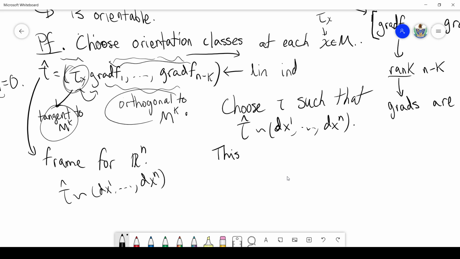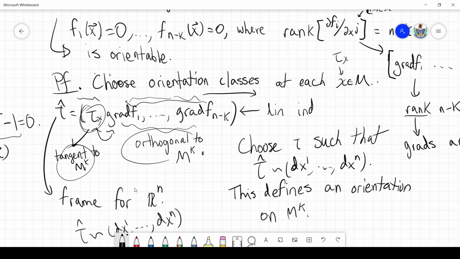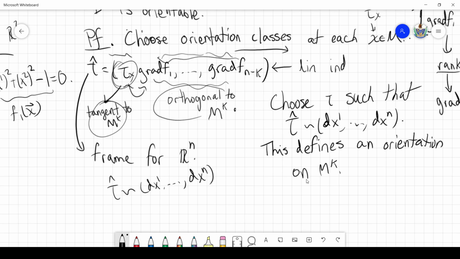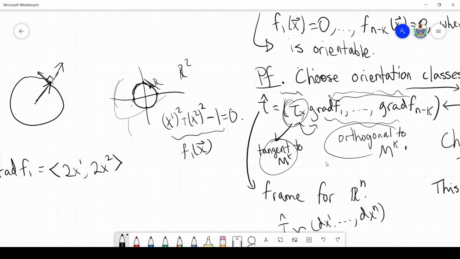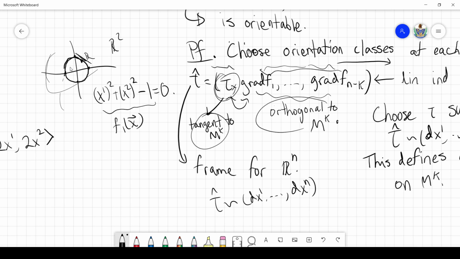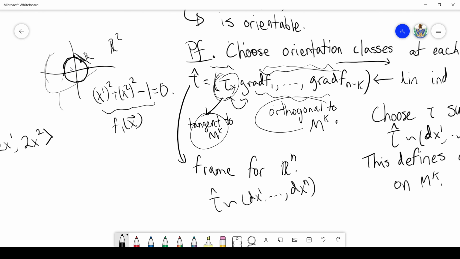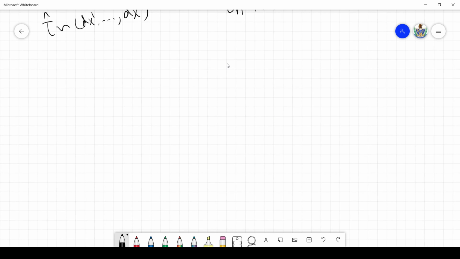This defines an orientation on M. So essentially, since M is a surface in R^n, you can think of M as inheriting its orientation from R^n. So that's one way to think about it.